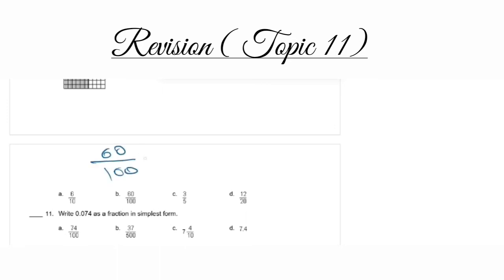It's 60 over 100. Remove the 0. It's 6 over 10. Now divide by 2. It will be 3. Divide by 2. It will be 5. So this is equivalent to 3/5. And the answer is C.